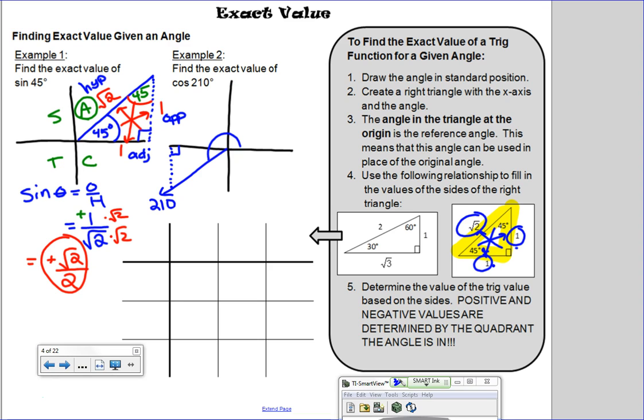So now we have to figure out what this space is right there, because that's the corner angle of the triangle. Even though we're trying to get the cosine of 210, it really is going to refer to that triangle. If this is 180, and this is 210, you're off by 30 degrees. So that must mean that this corner angle is 30 degrees.